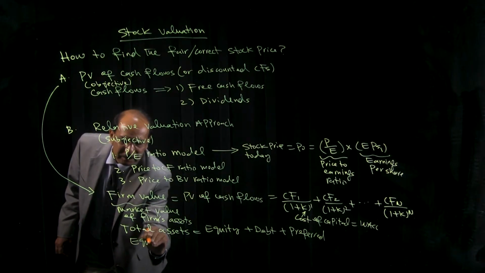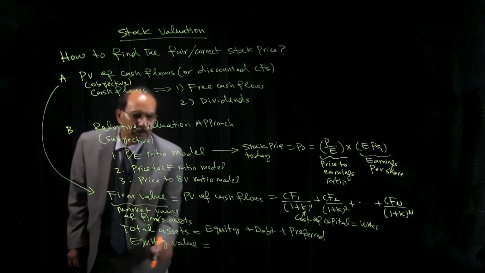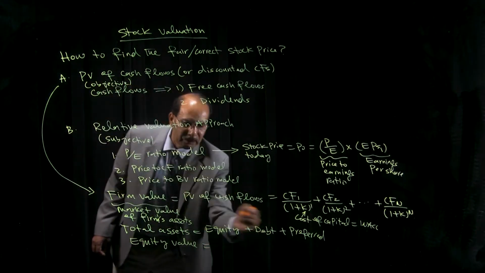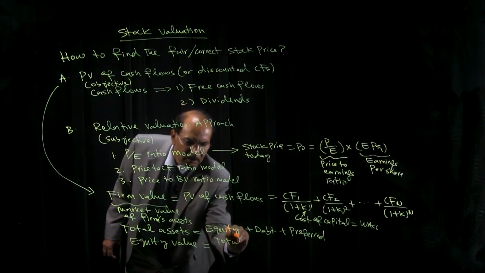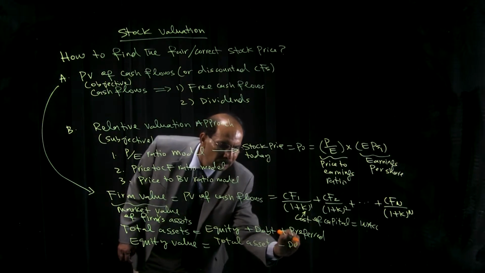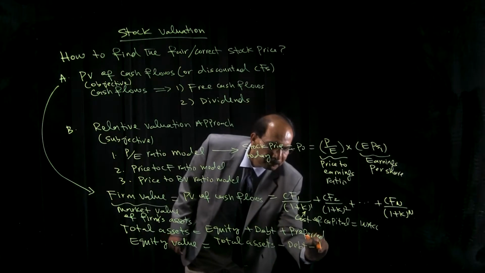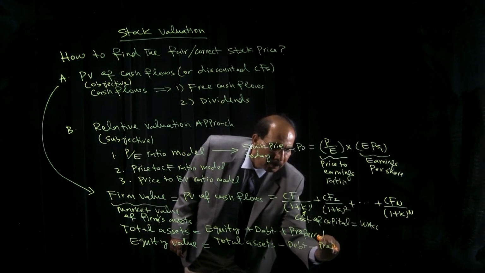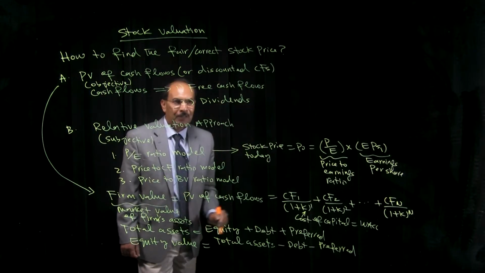So from it, we can really take everything else to this side here. Equity is going to be total assets minus debt minus preferred.